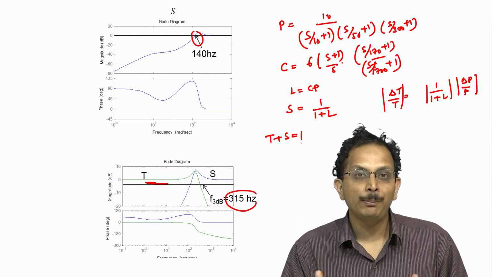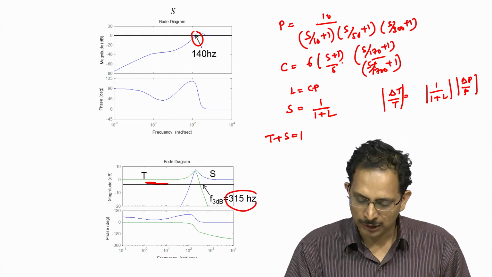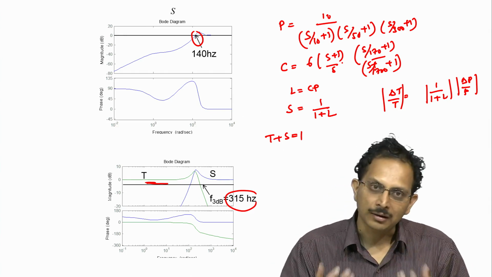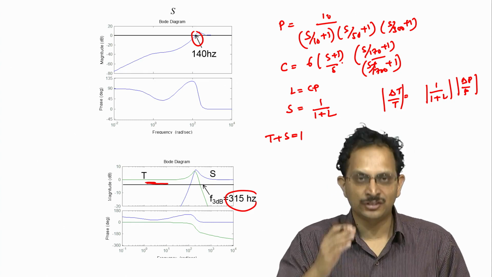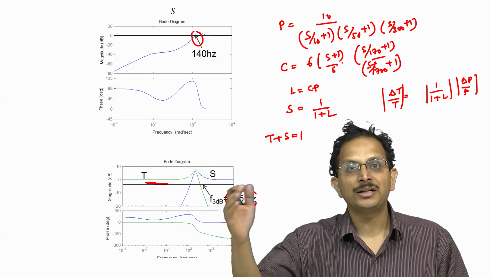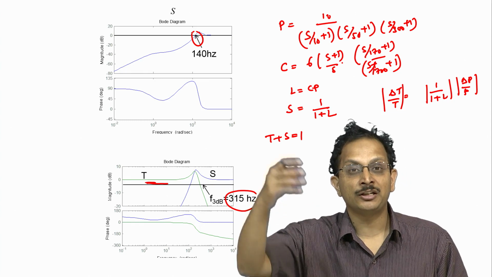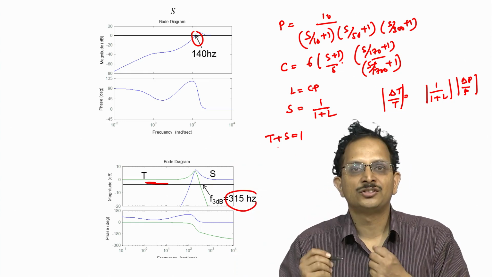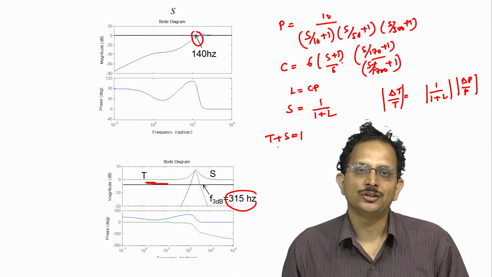So, we cannot independently engineer our transmission function to have a much smaller bandwidth than 140 Hertz, or equivalently we cannot engineer a sensitivity function to have a much higher frequency at which it reaches 0 dB than 315 Hertz, because of this identity, T plus S is equal to 1.